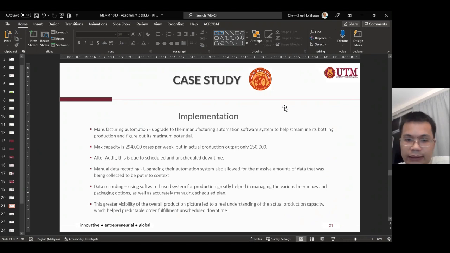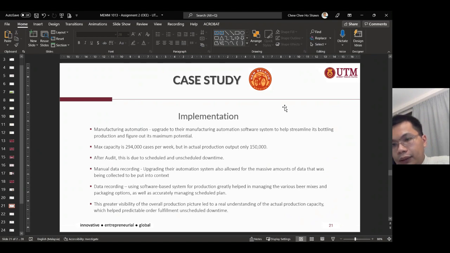This great visibility of the overall production picture led to a real understanding of the actual production capacity. They came up with a stable production line, the maximum output, and what was going on in between to prevent them from keeping up with that maximum output.